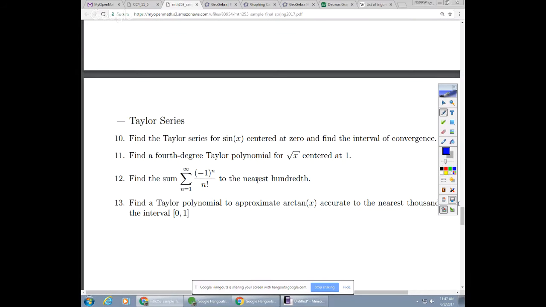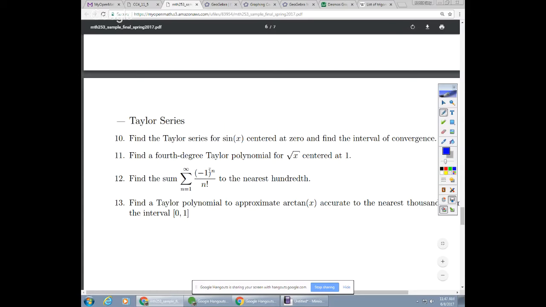Not e to the n. Almost. e to the power -1, correct. Yeah, that'd be e to the power of -1 because e to the x is equal to the series of x to the n over n factorial. So all we did was replace the x with a -1 here. That's all I did. Okay, so that one's pretty straightforward compared to some of the tricky homework problems you had.